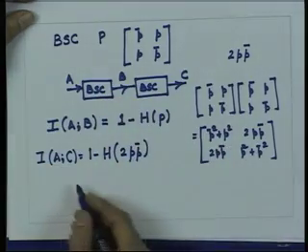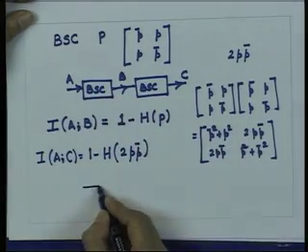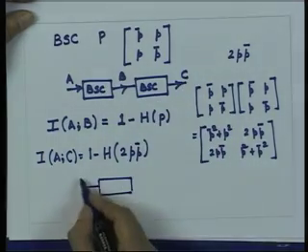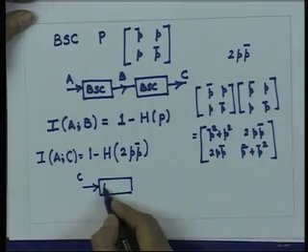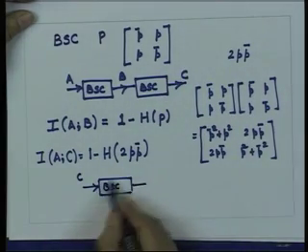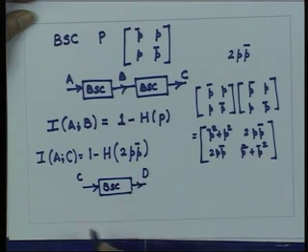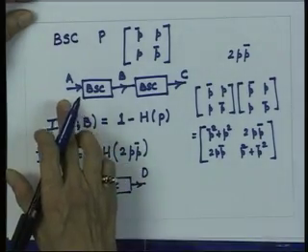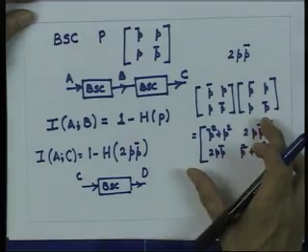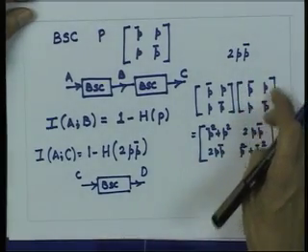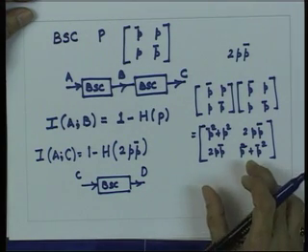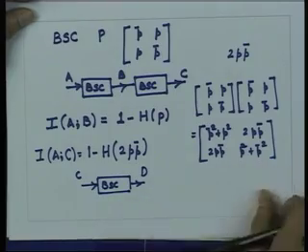So, if we take this and cascade it with another binary symmetric channel, where the output of the second binary channel, that is C, is fed to it, and we get a final output D. Now, for this case, we can obtain the equivalent binary symmetric channel between A and D by taking this matrix and multiplying by this matrix to get the final result, which is indicated here.